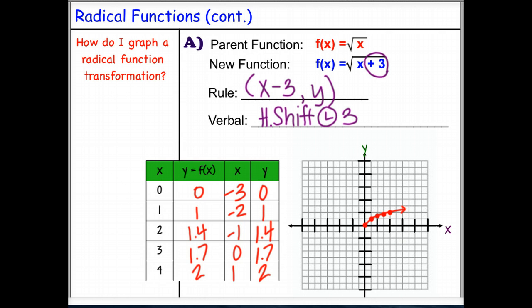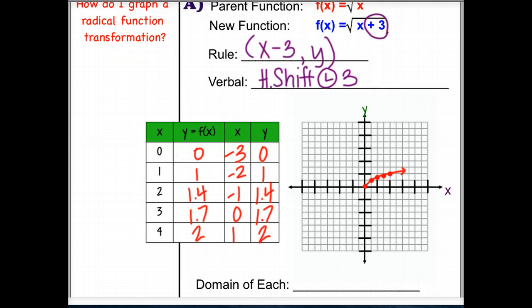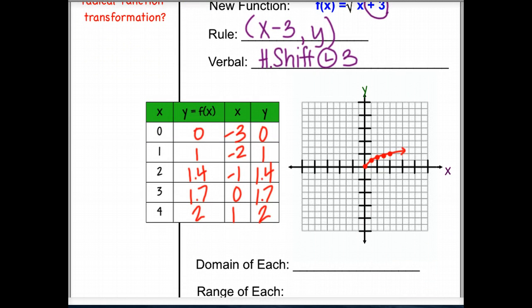So if we go to graph this, we end up getting (negative 3, 0), (negative 2, 1), (negative 1, 1.4), (0, 1.7), and (1, 2). So as you can see, it's a horizontal shift to the left 3.